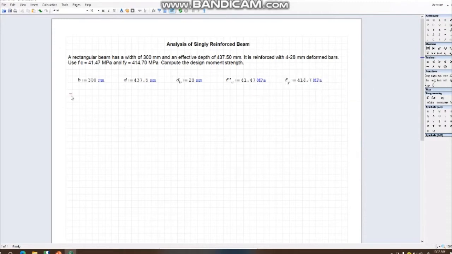So these are the givens. Let's have the solution. We'll start with method 1 first. Let's go back to method 1. What is the process in method 1?